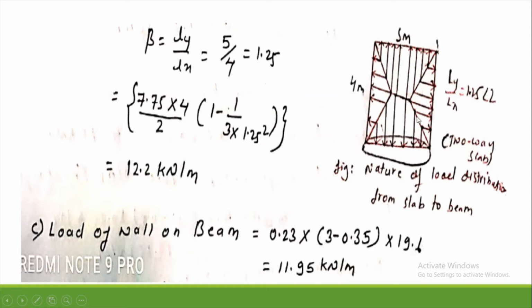In a two-way slab, the nature of load distribution is like this. And if we are designing these beams, the load transferred from slab to beam is from this area only.